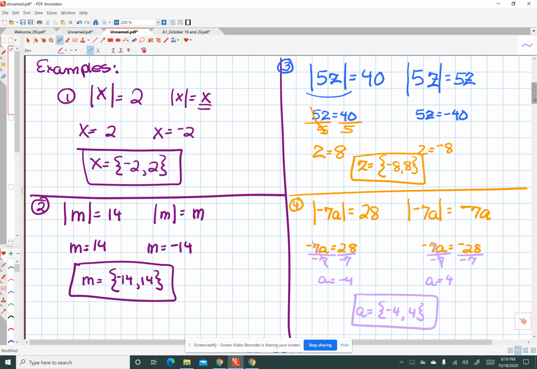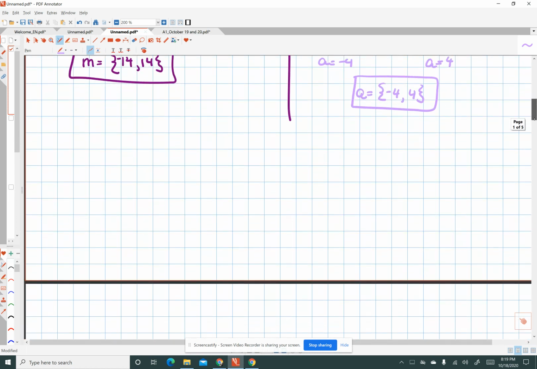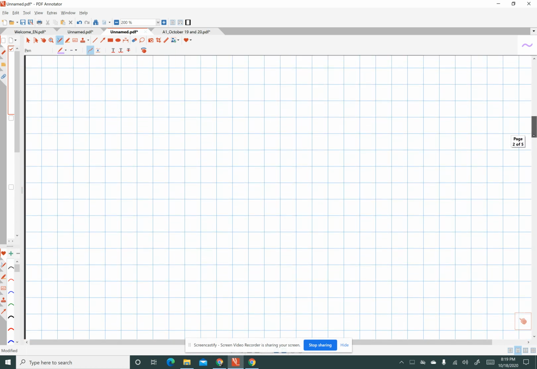Okay, let's go through a few more examples. Let's work with a little more complex terms. So we'll do the absolute value of d plus 1 equals 8.